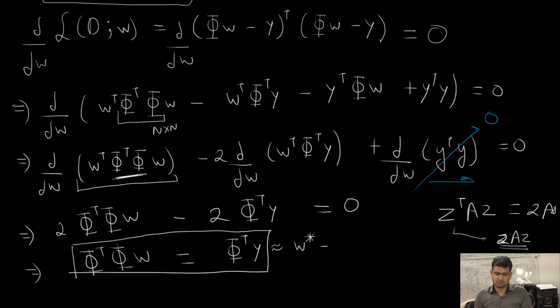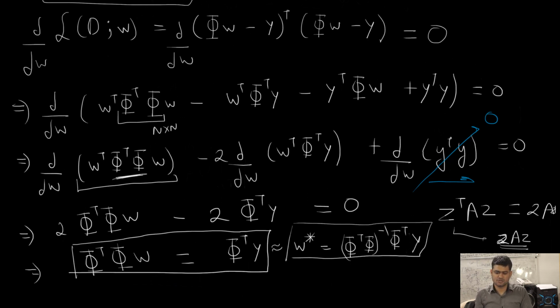W star is simply phi transpose times phi inverse times phi transpose Y. So this is the optimal solution that gives us an optimal mapping function to explain the data with respect to the square loss function.